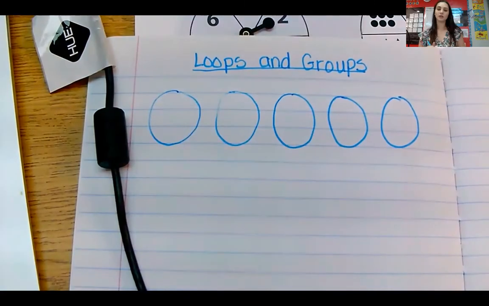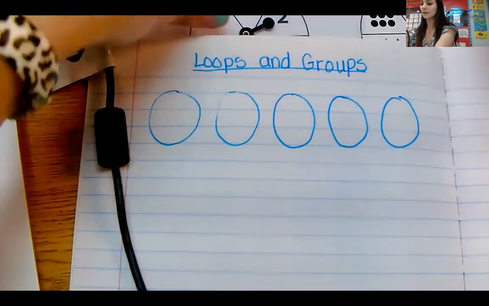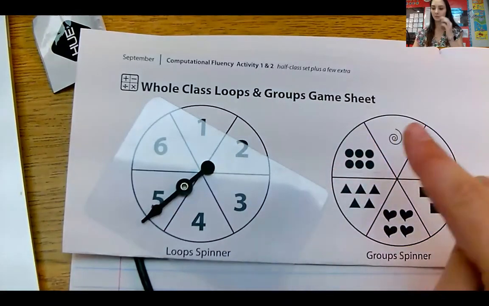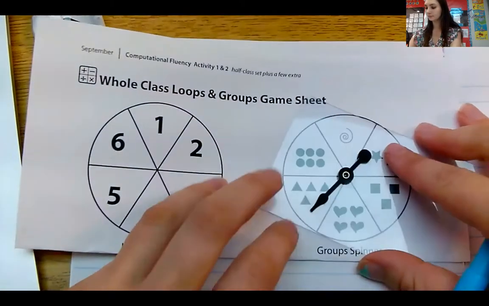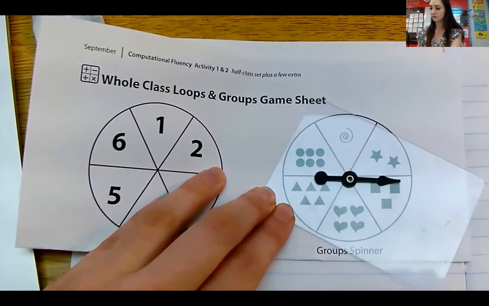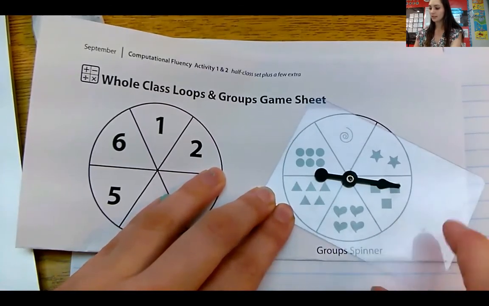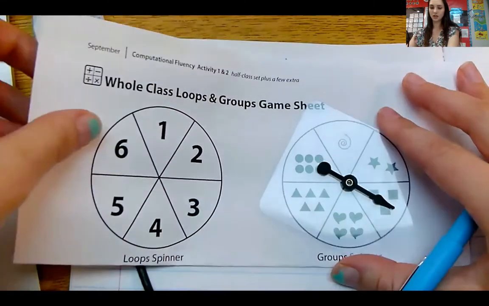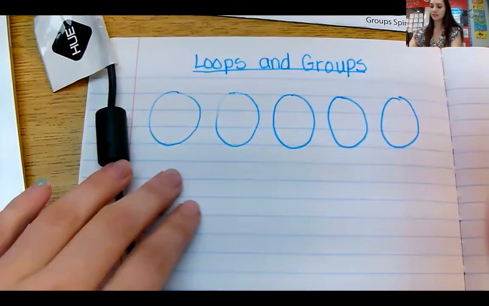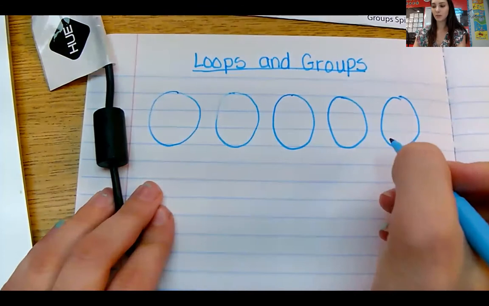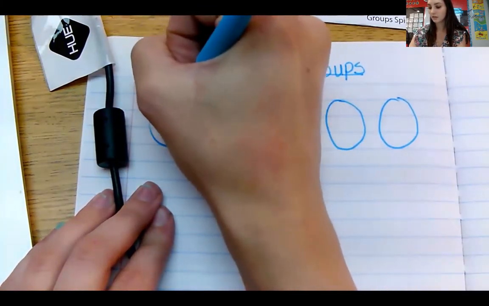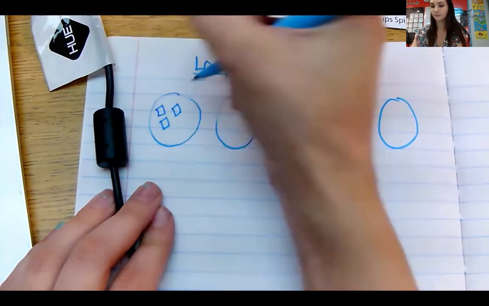Those are our loops. Okay, now I want to do my groups. So I'm going to see what I'm going to put into my circles. Okay, I'm going to put 3 squares in each of my loops. So in each of your loops, you're going to put 3 squares. 1, 2, 3.